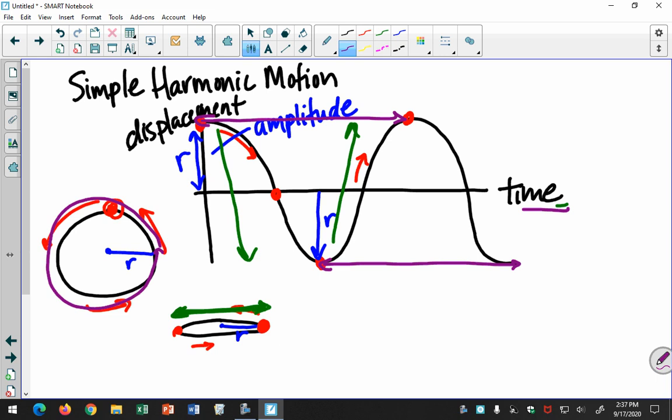You might recognize this period, the time it takes to go back to where it started, as a wavelength: the distance from crest to crest, or trough to trough, peak to peak. So we're stretching our idea of what a displacement versus time graph looks like when we get circular, centripetal, simple harmonic motion.